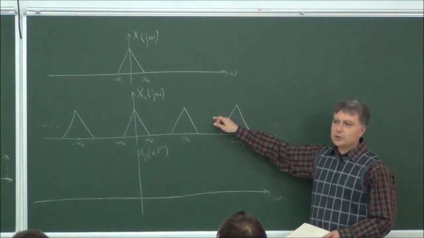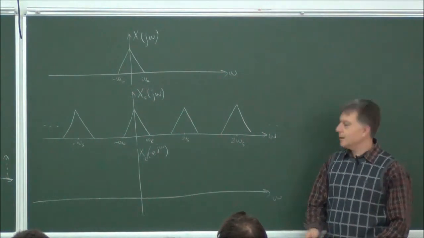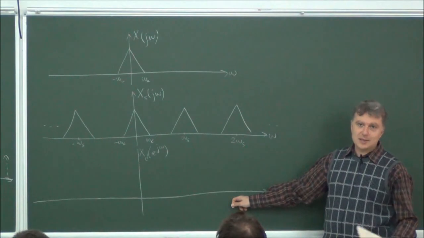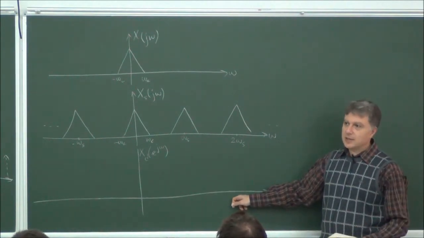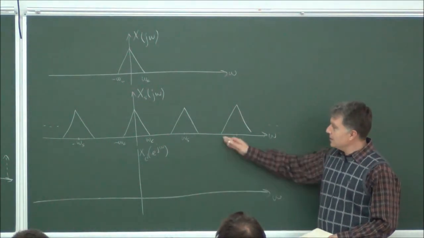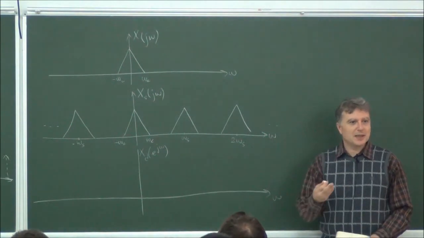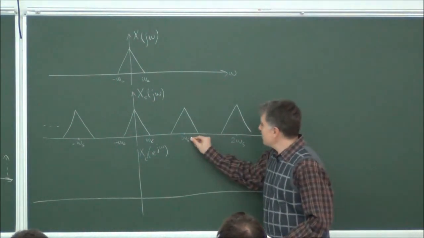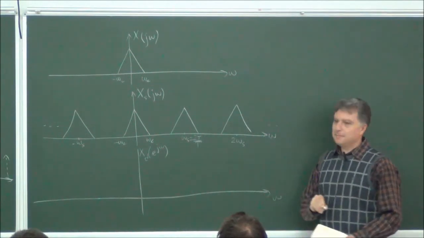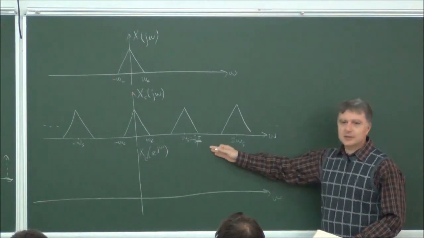But it must also satisfy one very important property that I am constantly repeating again and again. This thing must be 2 pi periodic, because it's the Fourier transform of a discrete time signal. It's a discrete time Fourier transform. So it is 2 pi periodic. Is this signal periodic? Yes, it is, but it's not 2 pi periodic. That's the only difference. By the way, this omega s, let me write it to be equal to 2 pi over capital T. It's not 2 pi periodic, it is 2 pi over capital T periodic.